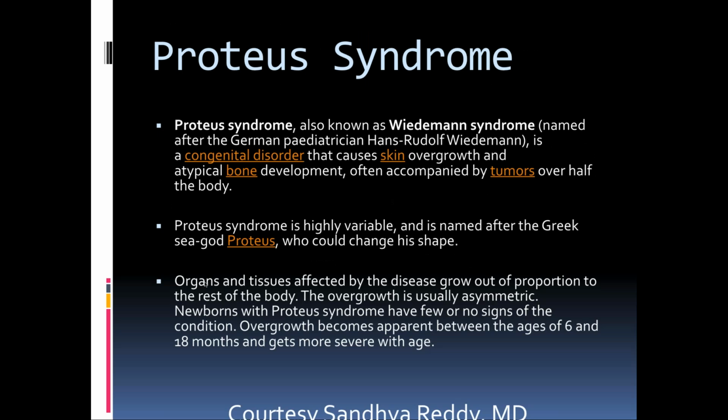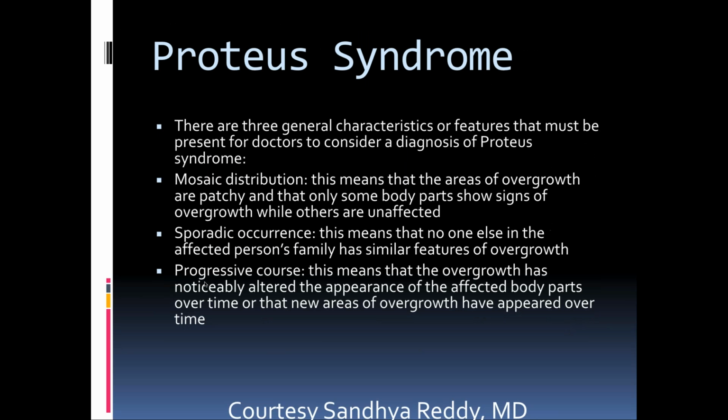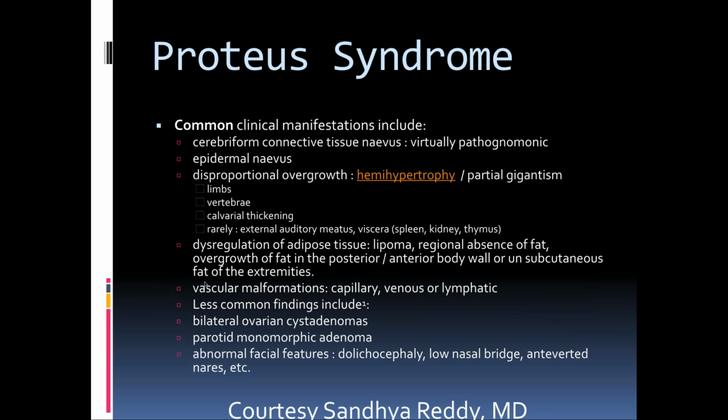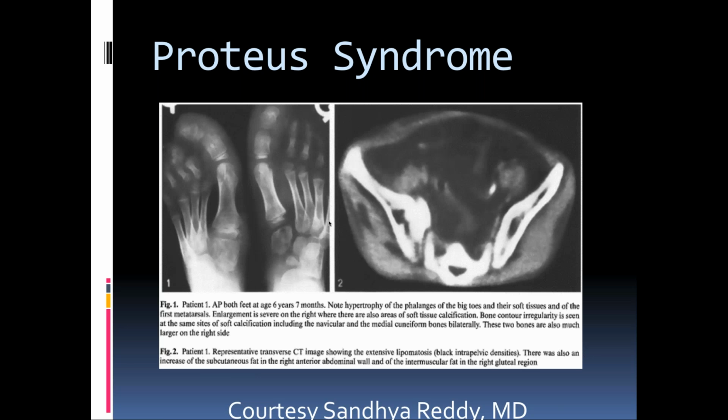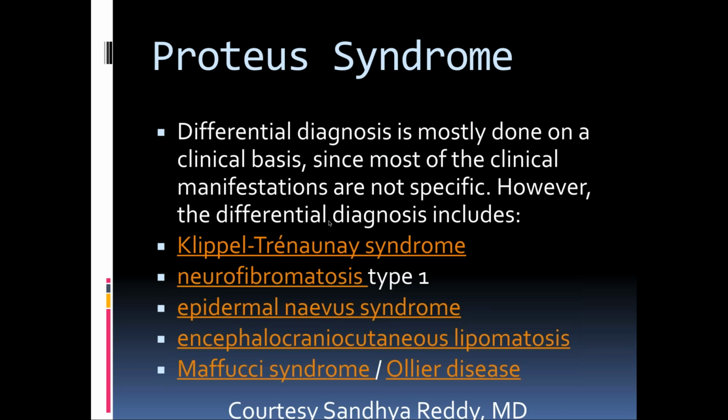You get a lot of soft tissue and bony anomalies with this, but it's rare, typically seen in a pediatric practice. Yeah, asymmetric growth. So it can look a lot like neurofibromatosis.